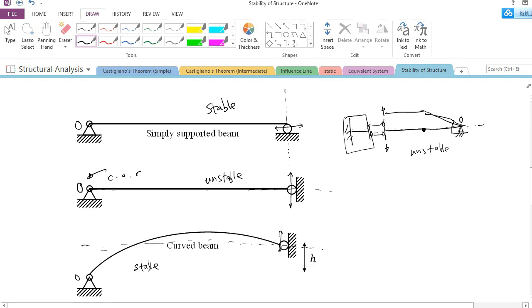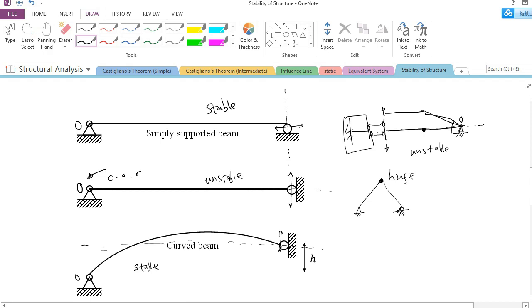Let's do a simpler case over here. Let's say I have one pin and one pin, and this is the hinge. Is this a stable system or not?